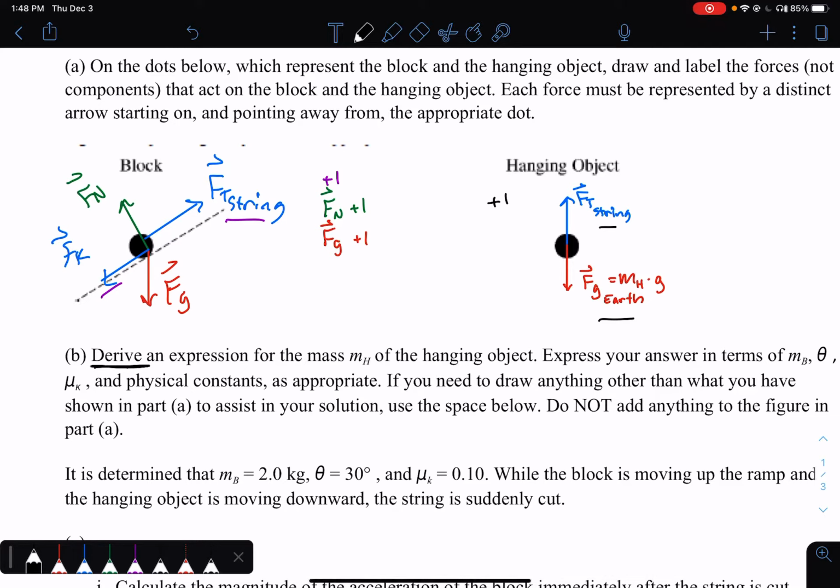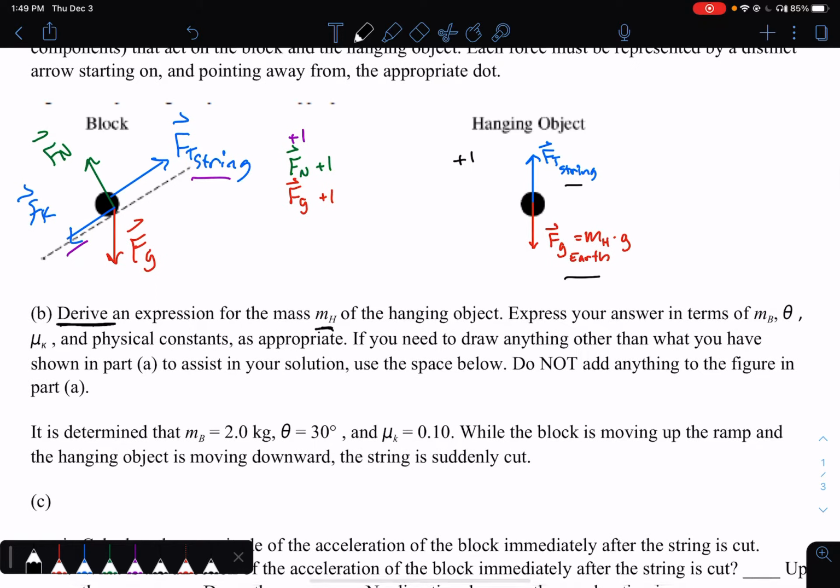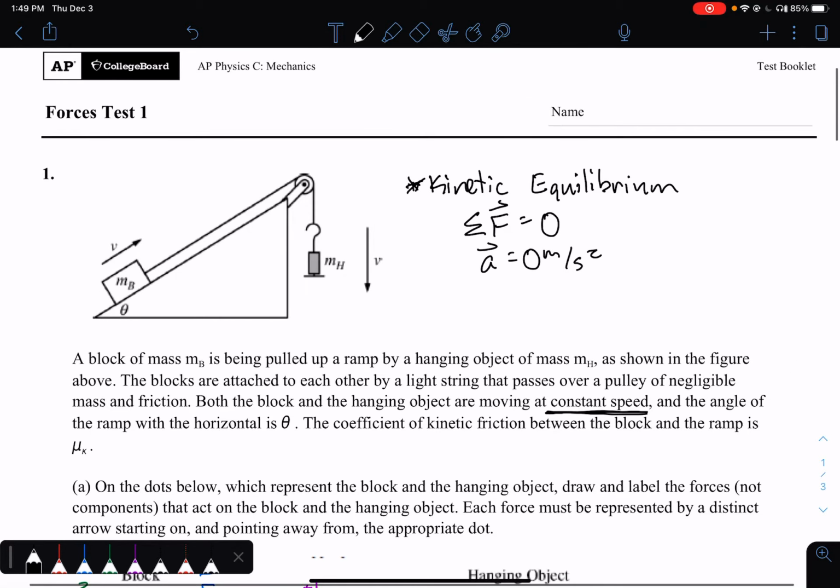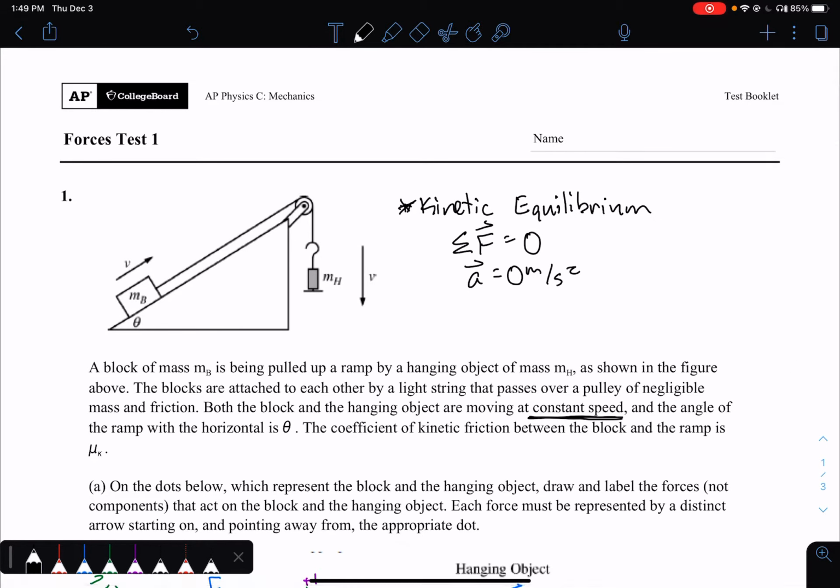Okay, so the next part is where we are coming up with the expression. Derive means to go through and show every step to solve for that hanging mass. We can express our answer in terms of m_B, theta, mu_k, and any other physical constants, meaning we can use g in our answer. This is basically what we've been doing for a good chunk of our review.